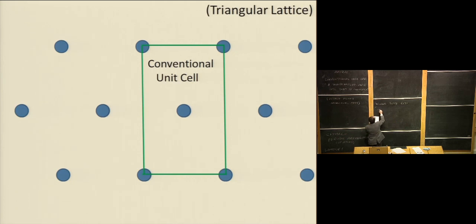The region around a lattice point closer to that lattice point than to any other.